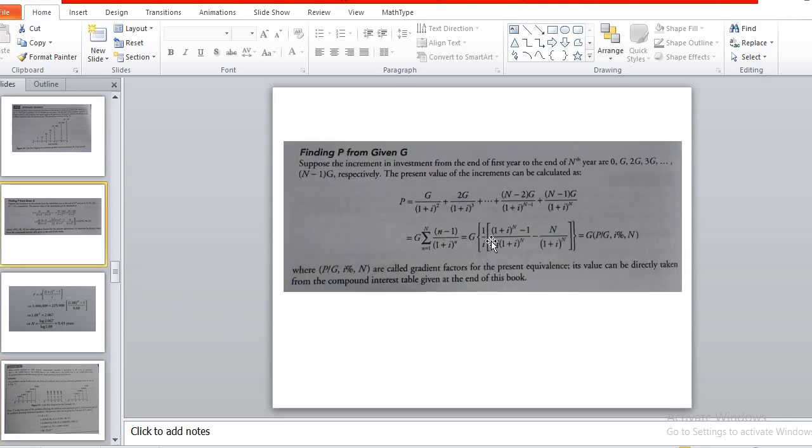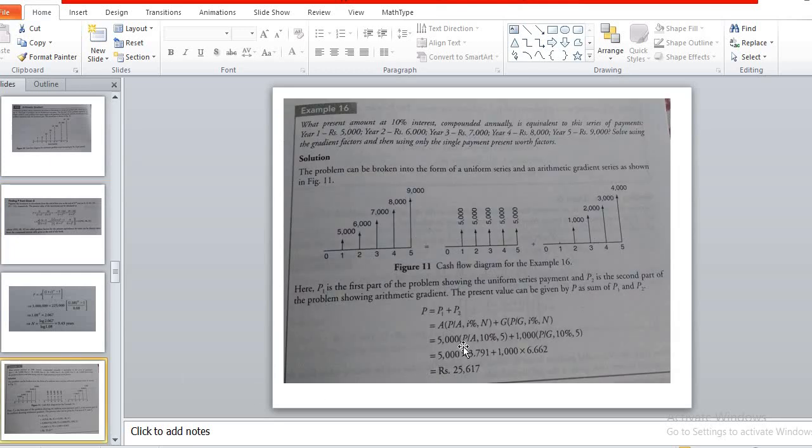This factor is (1 plus I) raised to n minus 1, divided by I into (1 plus I) raised to n. Only this term is related to the P by A factor.